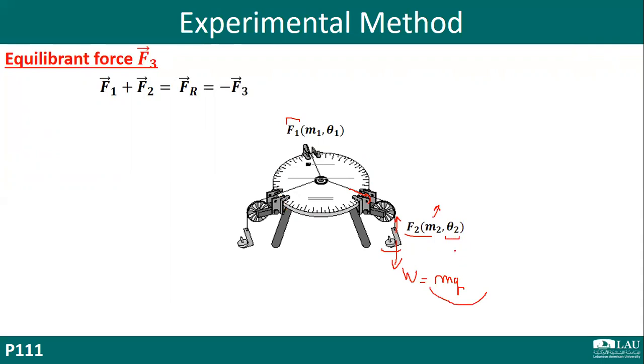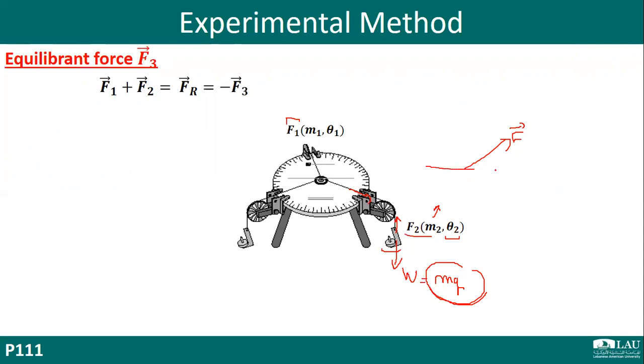Why do we need theta 2 or theta 1? Why do we need the angle? Because the force is a vector, and as I mentioned in the introduction, the force has a magnitude, which is m times g, where g is the gravity, and it has a direction, an x and y direction.